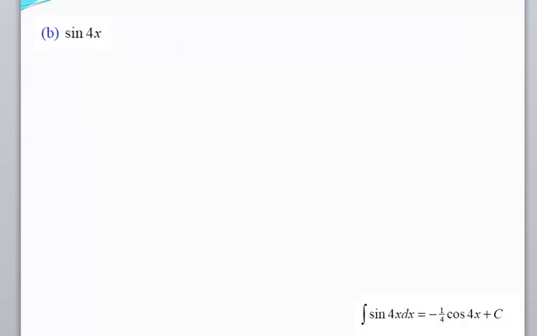Looking at our second example, we have sine of 4x. We write our formula in the same way it appears on our actual formula sheet. We have d on dx cosine of u is equal to minus sine of u du on dx. When we go through this, our u is equal to 4x, du on dx is equal to 4.